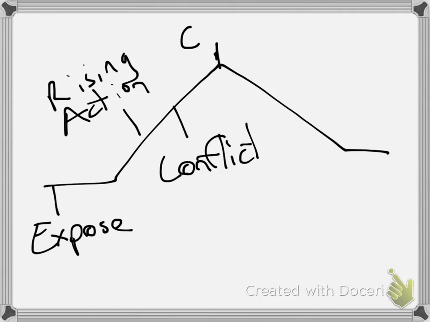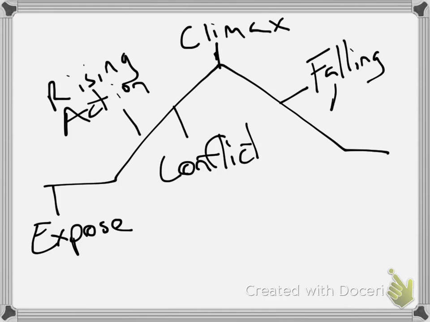Your climax, where the main characters make an important decision that affects the rest of the story, their decision on how to fix the problem. Falling action is when they're solving it. And denouement is when they actually resolve it. Everything is solved and then they reflect on it.